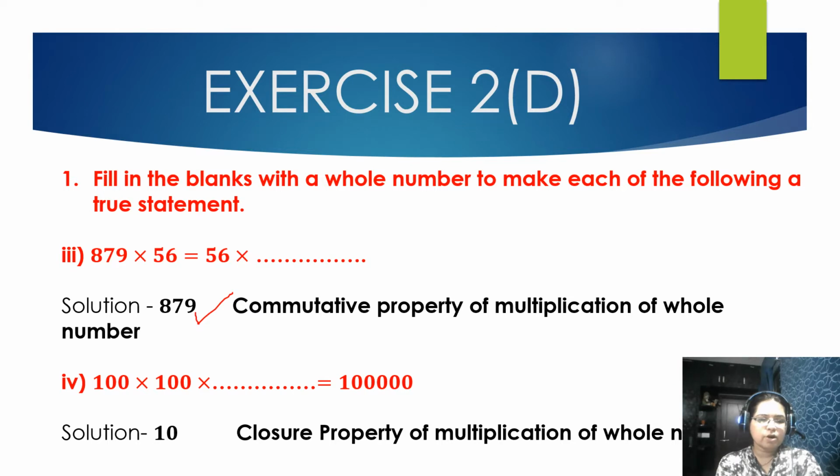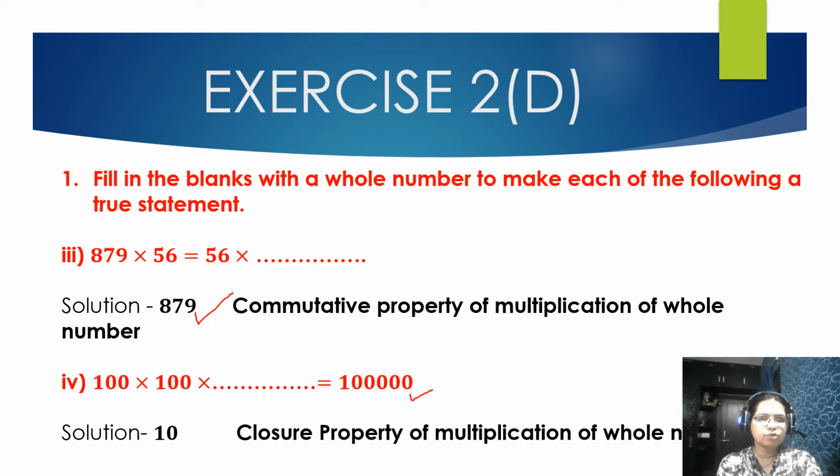The next bit is 100 multiplied by 100 multiplied by dash equals 1 lakh. On the right hand side 1 lakh has 5 zeros, so we need 5 zeros on the left hand side also. In 100 how many zeros? 2 zeros. In the second 100, 2 zeros.